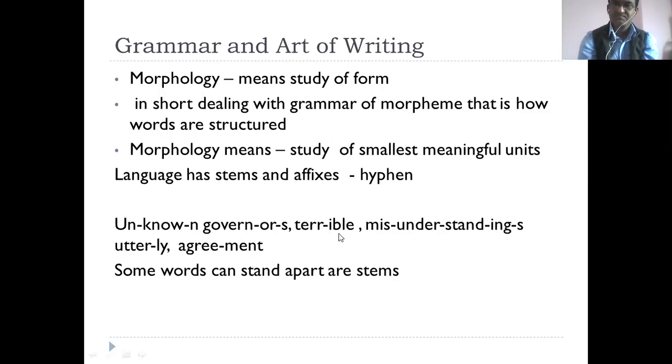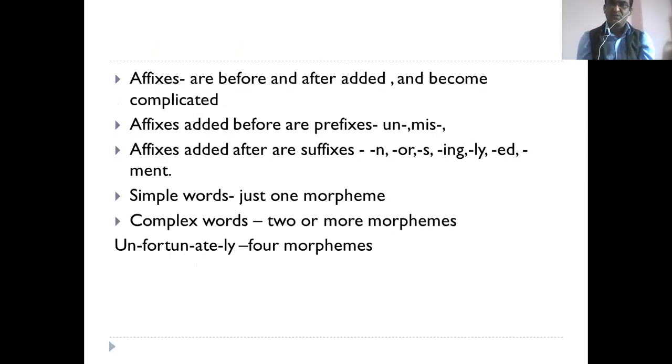Terror is a simple word. Terrible is a complicated word. Under is a simple word, or stand is a simple word, but misunderstanding and misunderstandings are difficult or complicated words. In the same way, agree is a simple word, agreement is a complicated word. So the affixes are used to make words more complicated.